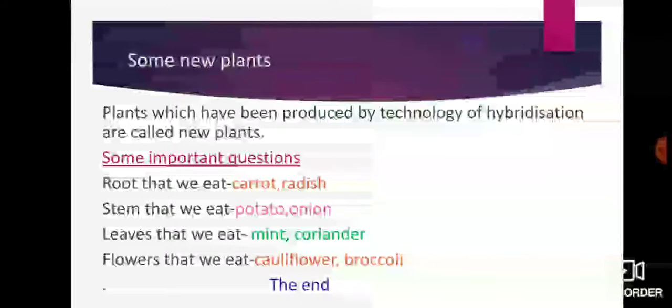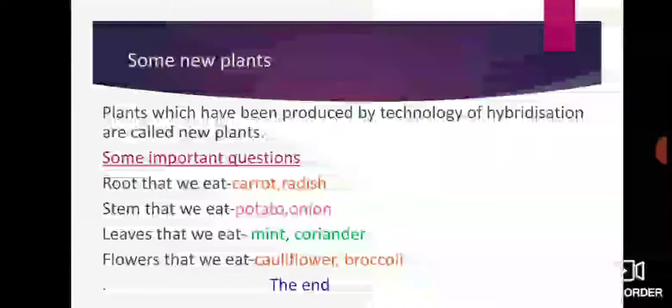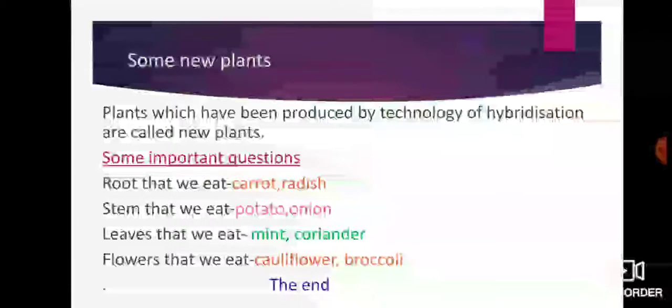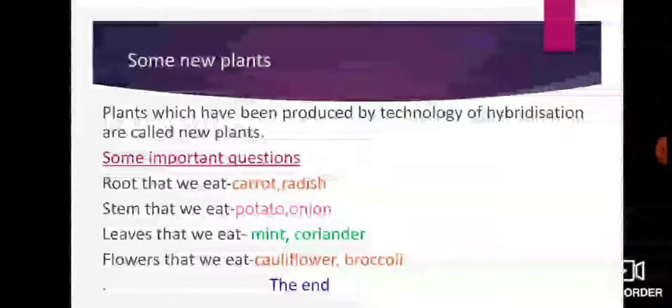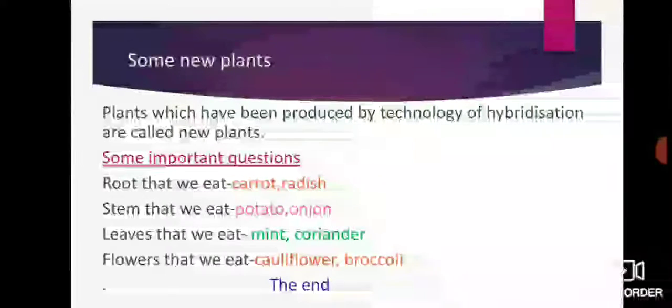Plants which have been produced by technology by hybridization are called new plants. Some new plants we can see now in our home or used to decorate our house. This type of plants do not grow by themselves. These are grown by the technology of hybridization, and are called new plants.